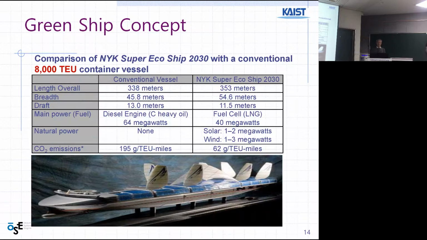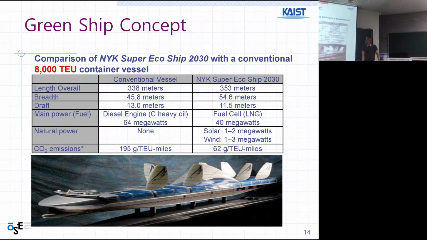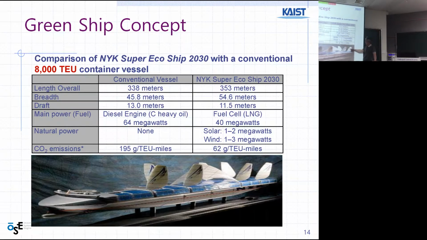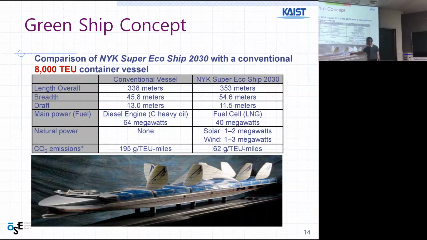Green ship concept. NYK is Nippon Yusen Kaisha, a Japanese shipping company, and they provide a new concept ship, looks like this one, and they use wind energy, and also solar energy, solar plate.